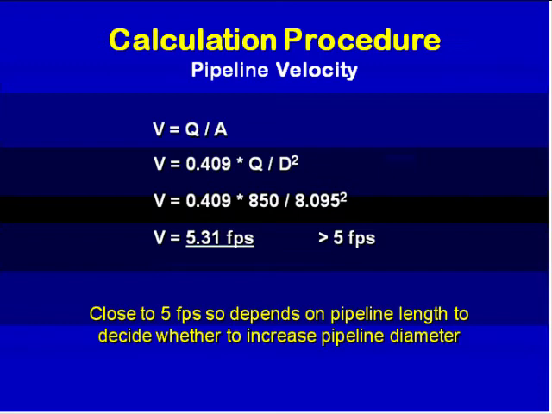So the pipeline velocity that we would calculate is based upon essentially a conservation of mass, where we start off with an equation that the flow rate is equal to the velocity times the cross-sectional area of the pipeline. If we realign that and solve that equation for velocity, we get the flow rate divided by the cross-sectional area.